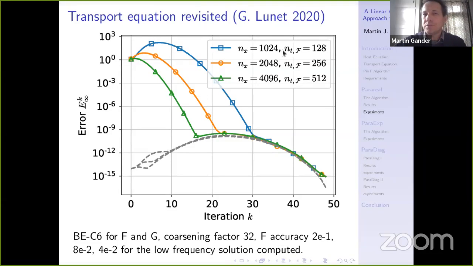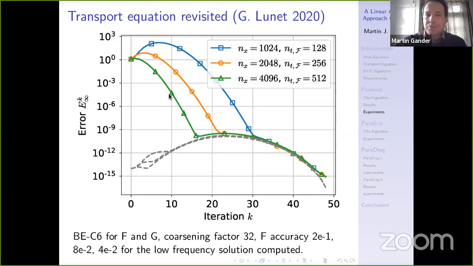The three curves correspond to three different resolutions. The blue curve has 1,000 points in space, the orange curve has 2,000, and the green curve has 4,000. So the more you refine, the faster it converges. Here it seems it works rather well.